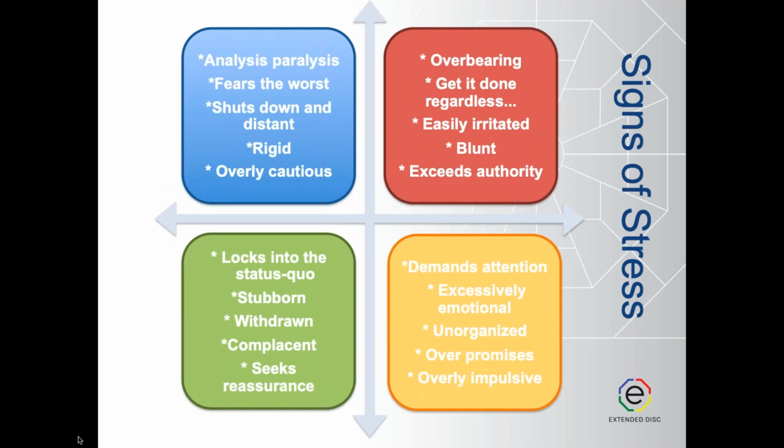Exactly. So, understanding a little bit about what causes stress, but how does that show up? Sometimes, again, as Amy was talking about, do the D styles like Diana show stress? Yes, they do, but it may not be the same way that we show stress. So for Diana, her signs of stress, she is a task-oriented individual.